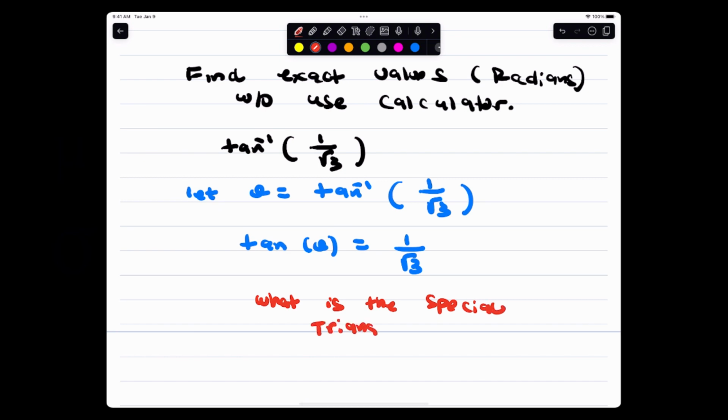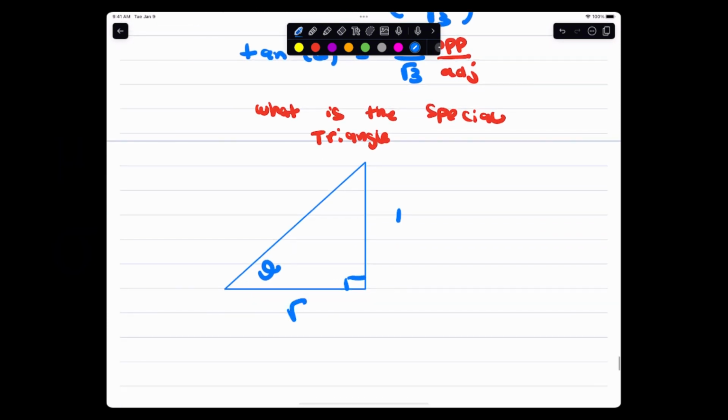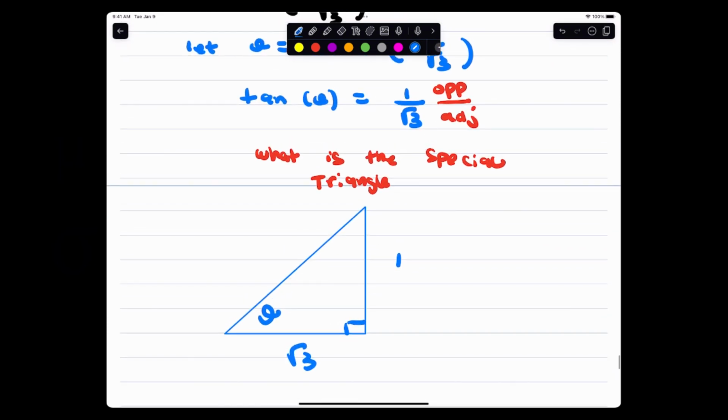Because what's the definition of tangent? Opposite over what? Adjacent. What's the opposite side? What's the adjacent side? What is the hypotenuse then? Do you guys know? 2. So we're back to what is this special triangle? There's only 2. All right. What's theta?